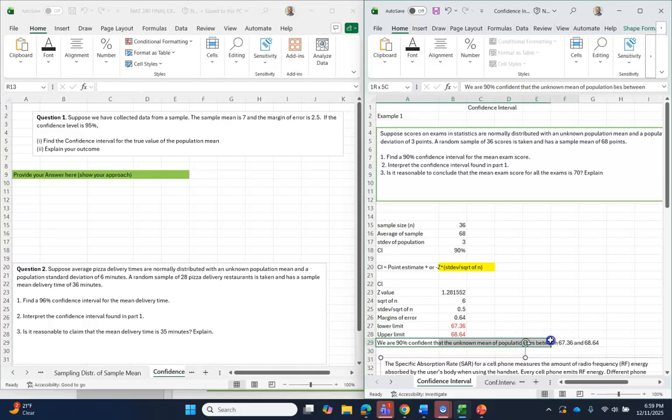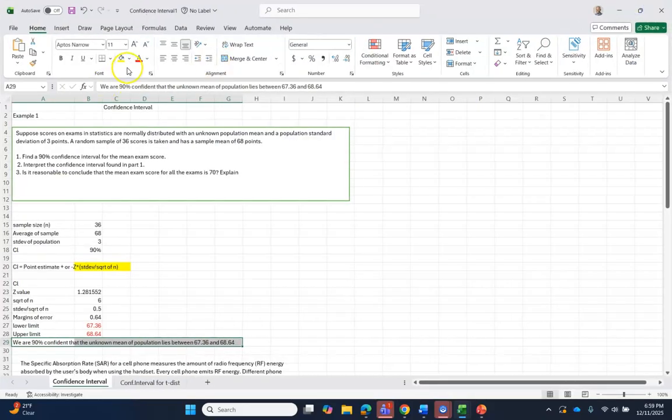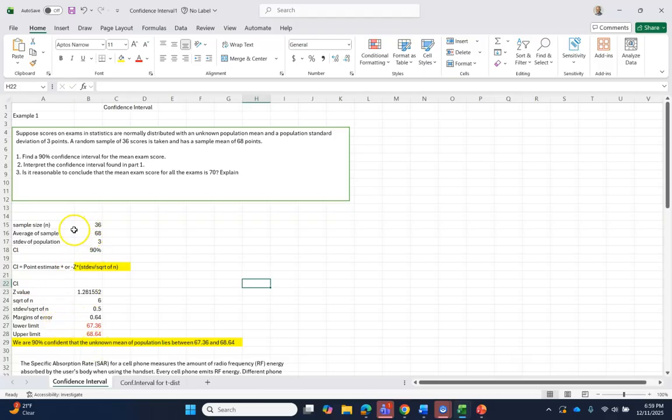So let me highlight this. This is how we can interpret these results. As I said, the average of a sample, which is obtained from normally distributed data with unknown population mean, we can use as our point estimate, where we can estimate the average of the population.